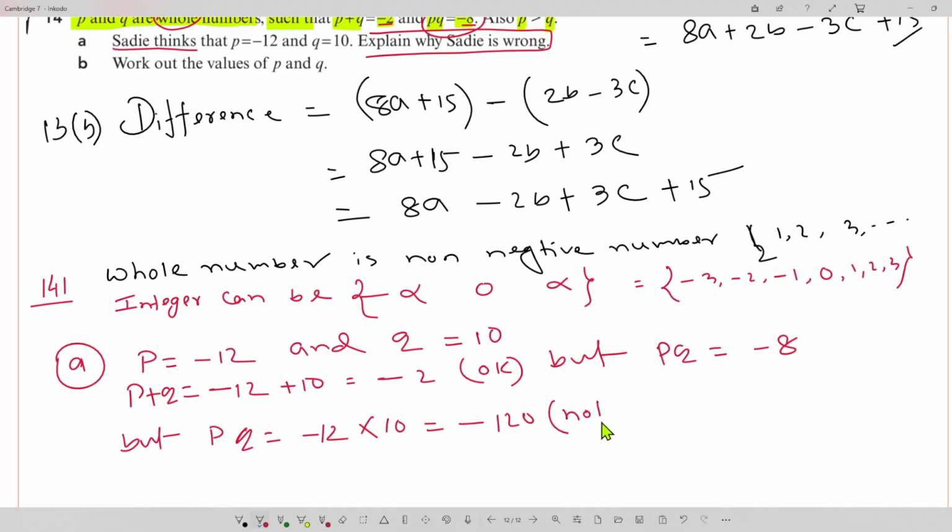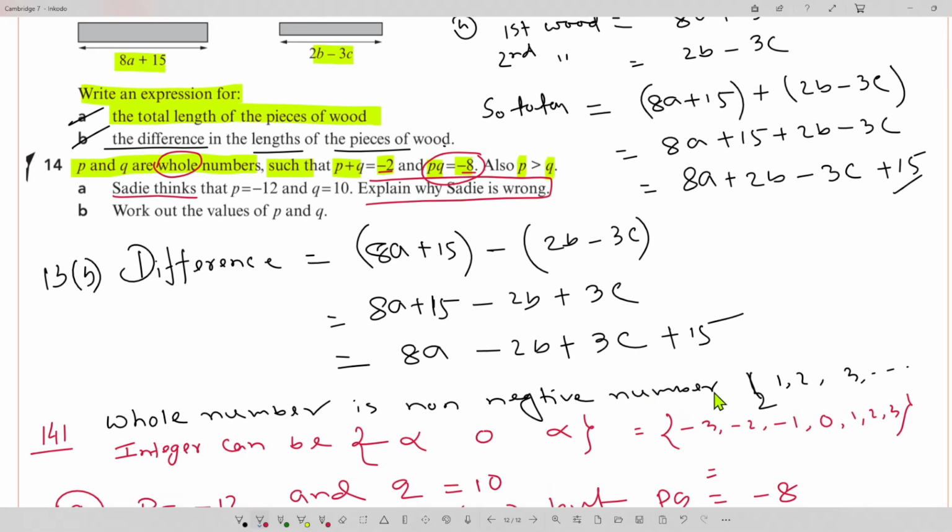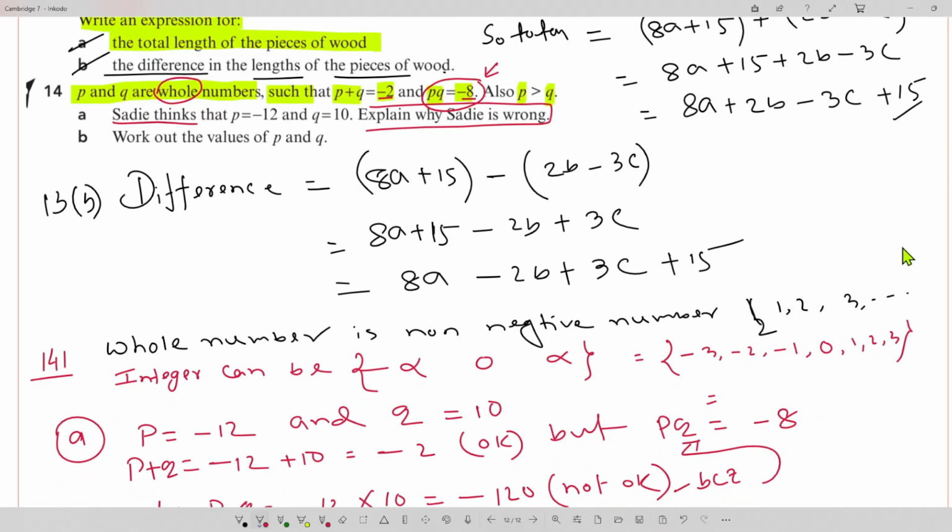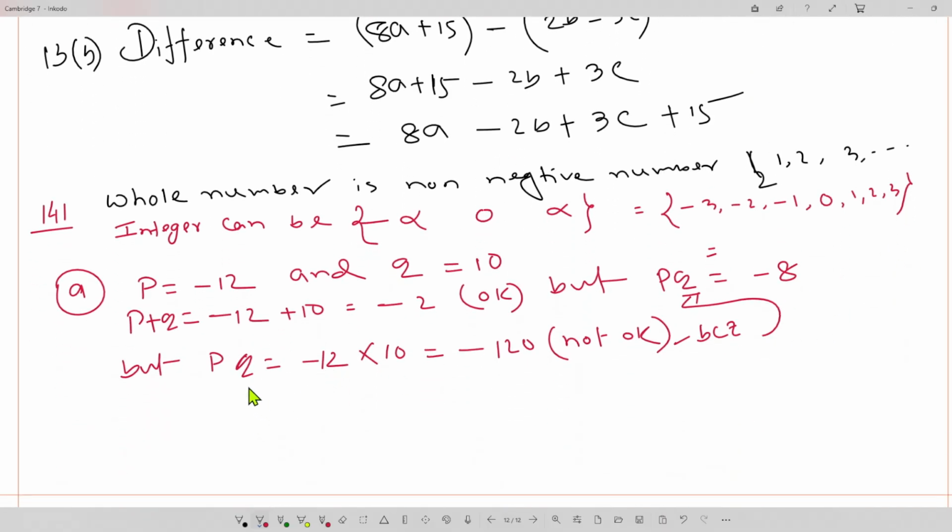It's not okay, because the calculation is PQ equals minus 8. Here it is already mentioned PQ equals minus 8, but Sadia is getting minus 20, which is not correct.